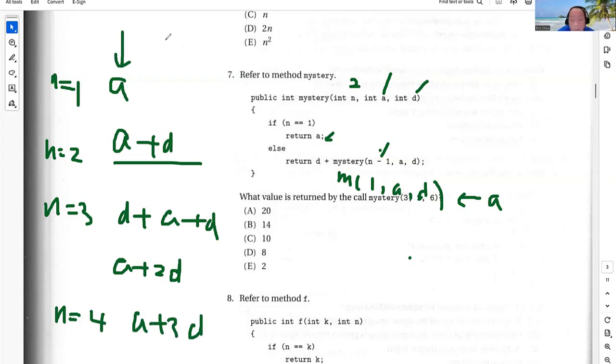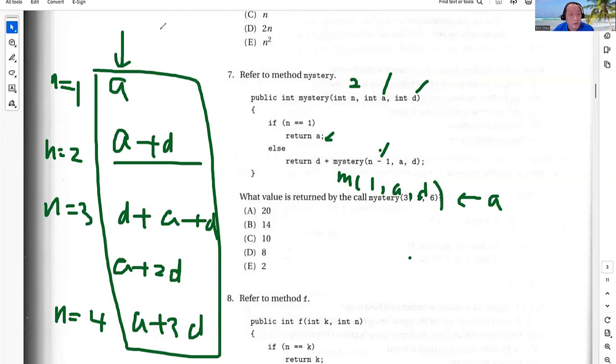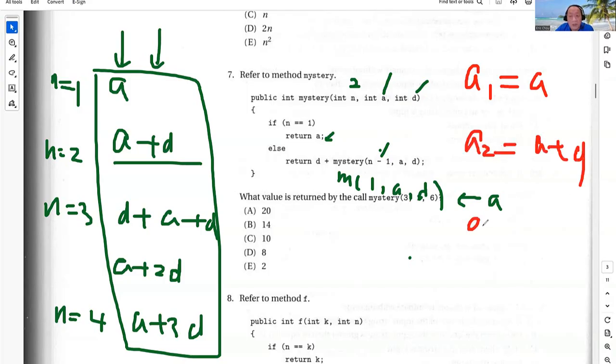So what is this? How do you call this in math? A1 equals A. A2 equals A plus D. A3 equals A plus 2D.